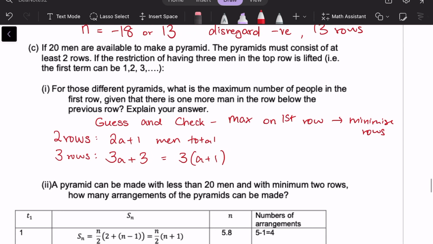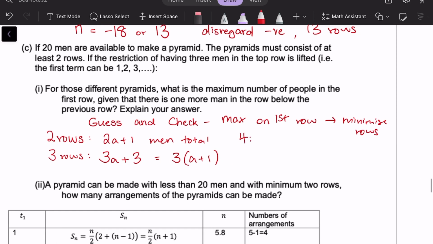Let's try 4 rows. 4A plus 6. That would be the total number of men. As you can see, 4A would definitely be divisible by 4, but 6 will never be divisible by 4. So therefore, if we have this as the total, then this entire thing will not be divisible by 4. But 20 is divisible by 4, if that makes sense. So if we have to use all 20 men, it's not possible with 4 rows.